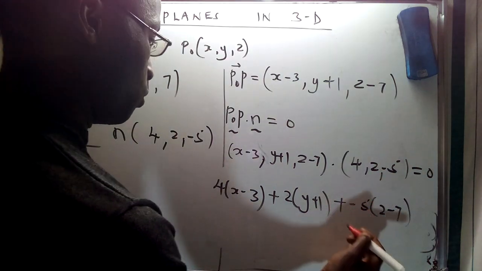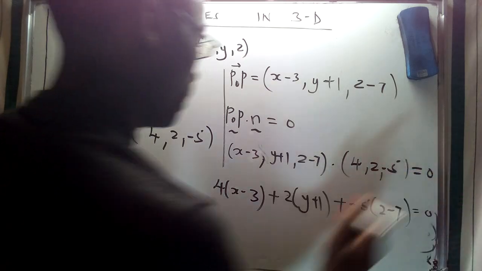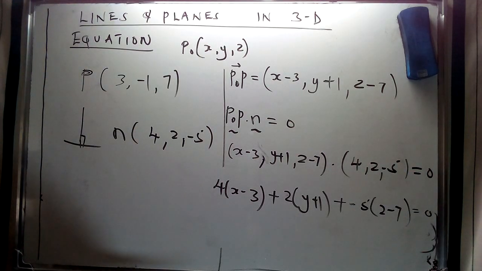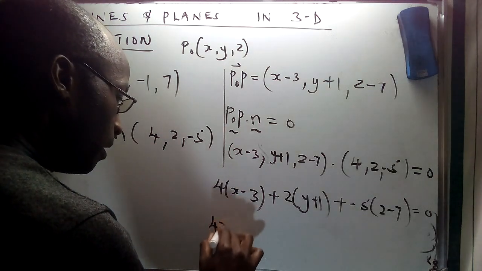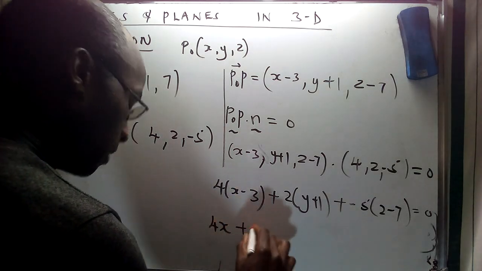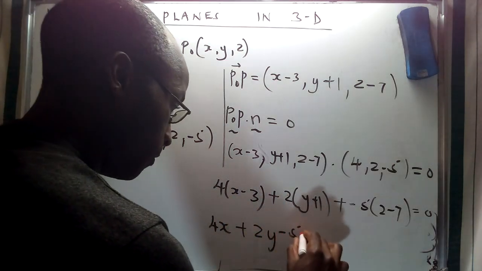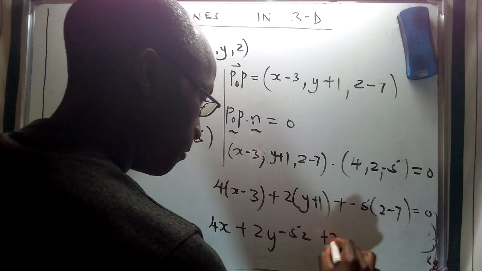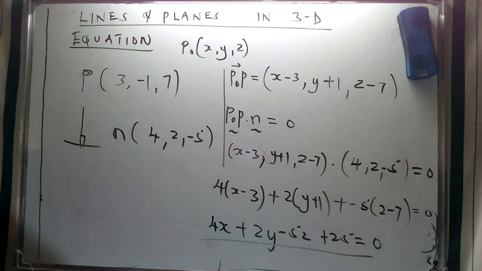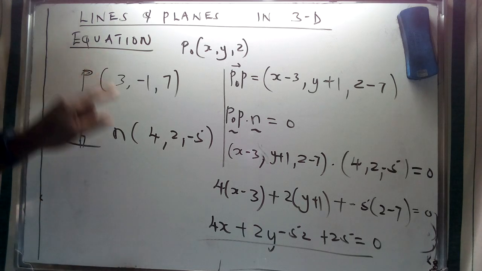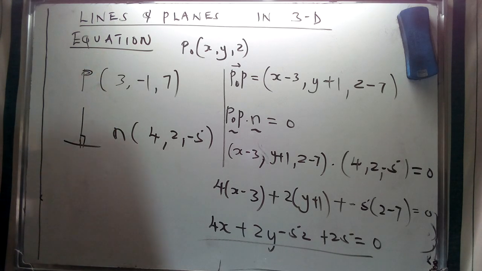This minus sign has an effect, so we can evaluate that and give a final expression: 4x plus 2y minus 5z plus 25 is equivalent to 0. This is the equation for the plane defined by this point and the normal I've given on the board.